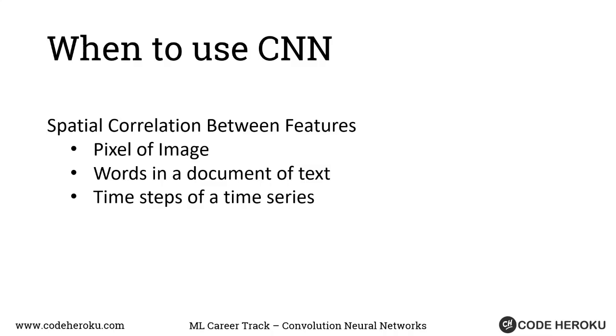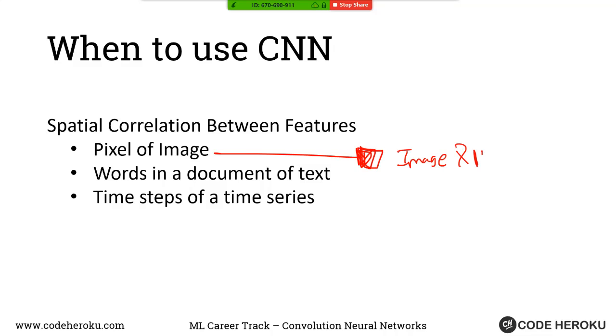Although these two are not widely used, CNNs have been deployed as state-of-the-art networks for images and videos. So most likely when you have images and videos, CNN is your go-to tool. For others, you might try it out, but they are not as popular.